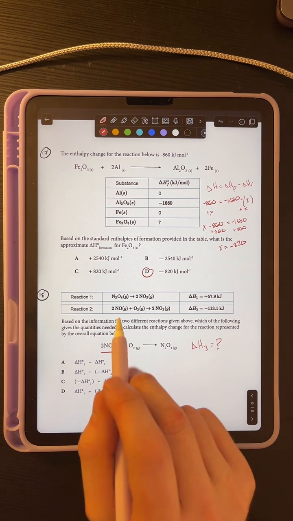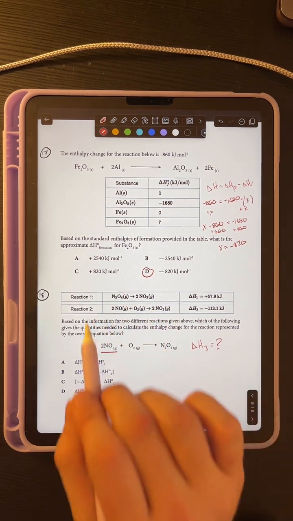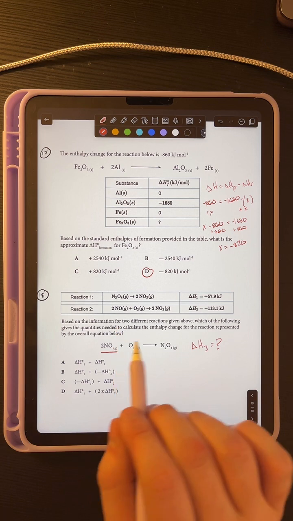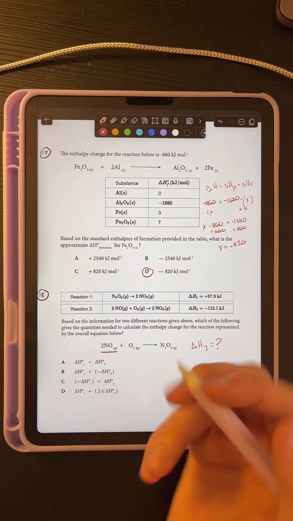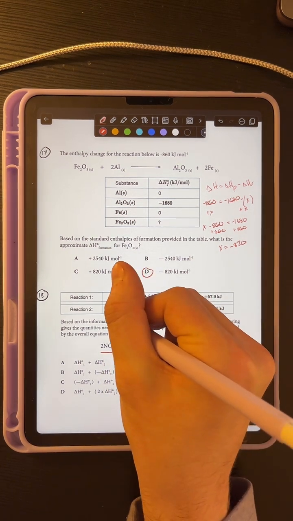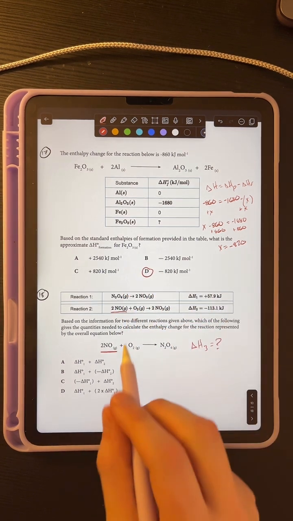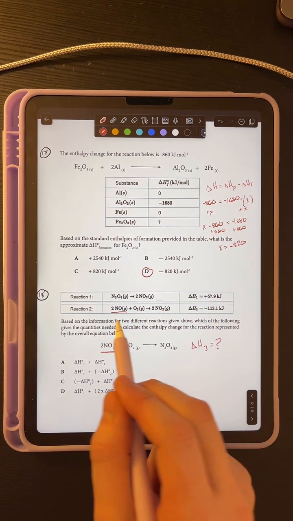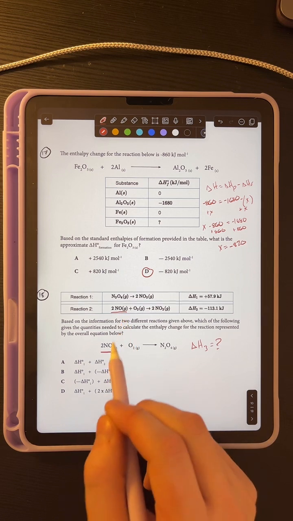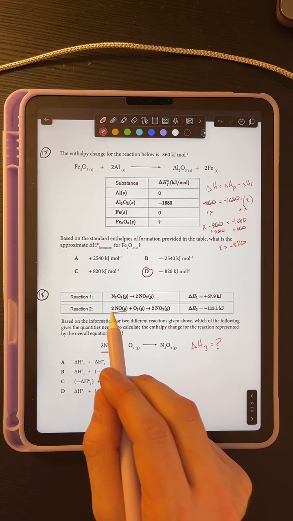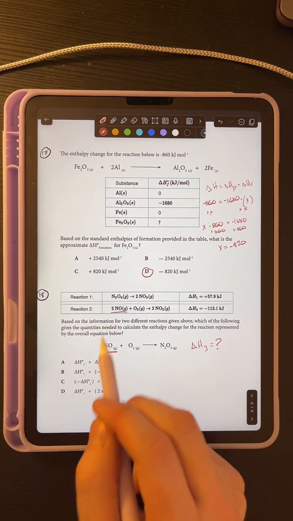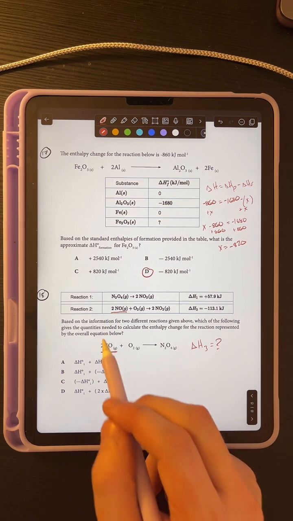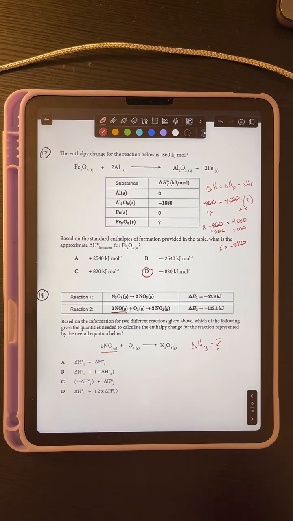If I look at my two reactions, I want to figure out where those NOs are coming from. They're actually coming from reaction 2, and they're on the right side. And we have the right number of them, actually. They both have a stoichiometric coefficient of 2, which is perfect.